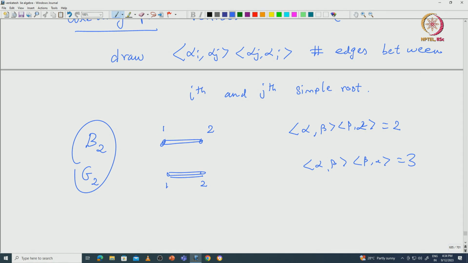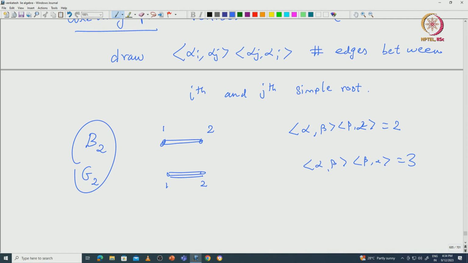So, in this case the graph fails to tell us which of a pair of vertices should correspond to a short simple root and which to a long simple root. So, in particular the Coxeter graph is not completely recovering what we wanted.